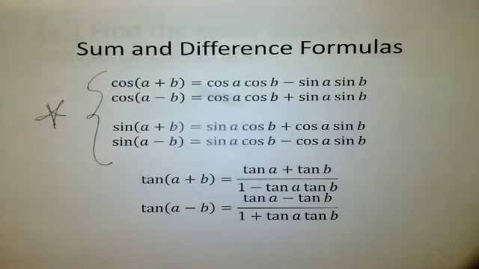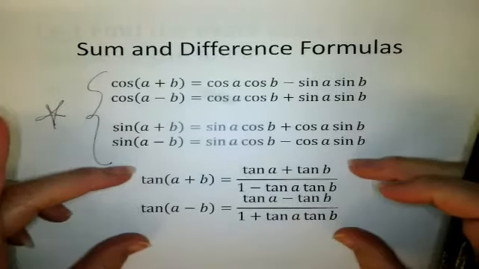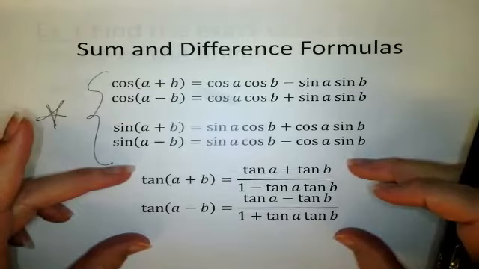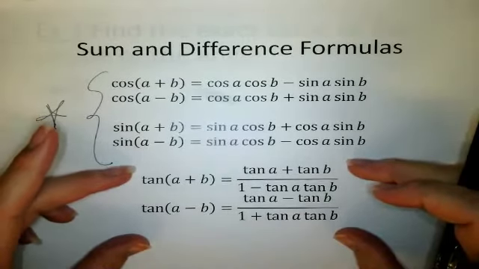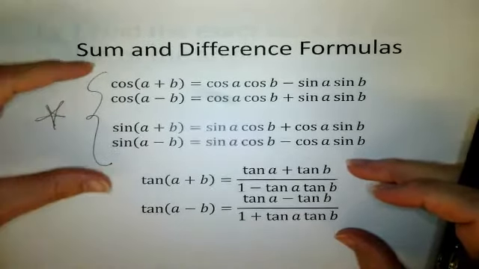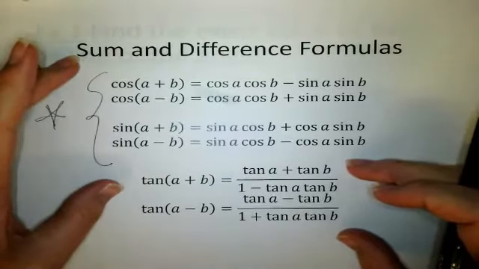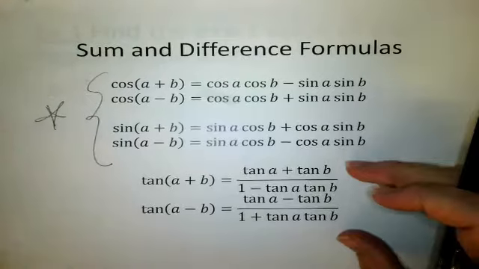So there are formulas for tangent, but I will not ask you for the tangent. So if it comes up in your directions today in your homework, you don't have to do the tangent of the angle. You do have to do the sine and the cosine. Because if you know sine and cosine, how do you get tangent? It's sine over cosine, right?